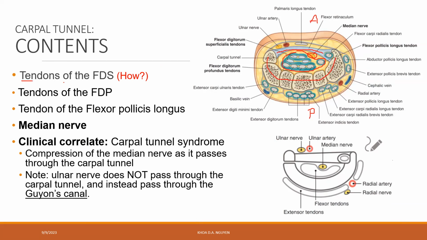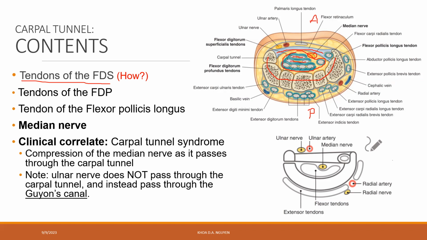They are the tendons of the flexor digitorum superficialis. And the tendons of the flexor digitorum superficialis are going to be divided into two layers. There's going to be an anterior layer right here and a posterior layer. Each contains two of these tendons.